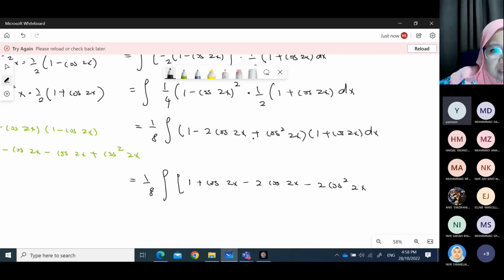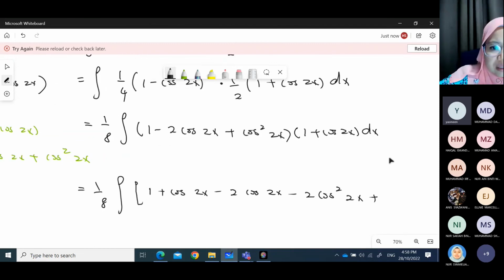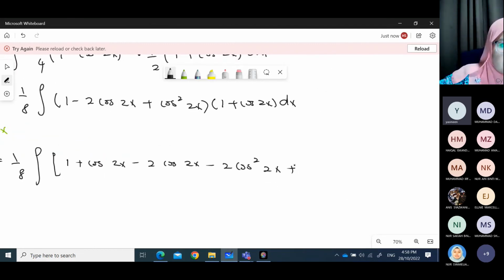Okay. And then this one plus. Yang ketiga, third term tu you kena darabkan juga. Kita akan dapat cosine squared 2x. So this one, cosine squared 2x times cosine 2x, you akan dapat cosine kuasa 2 tambah 1, you akan dapat cosine cube 2x dx. Itu. Okay.